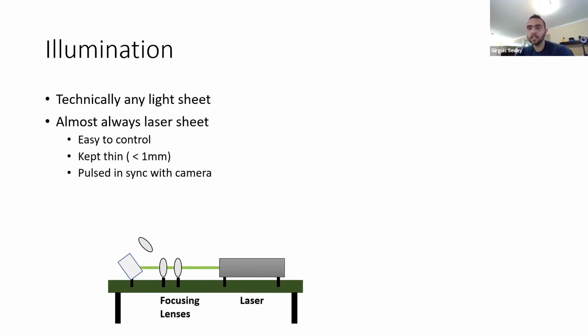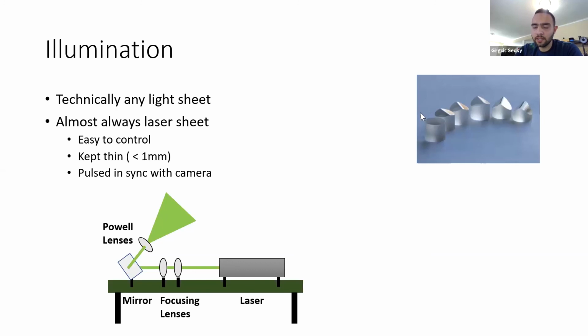So these are focusing lenses. You can focus, defocus the lens so that you get the right beam size. You hit a mirror. The mirror reflects the laser into another direction to hit the Powell lens, and then the Powell lens takes that beam and fans it into a sheet.